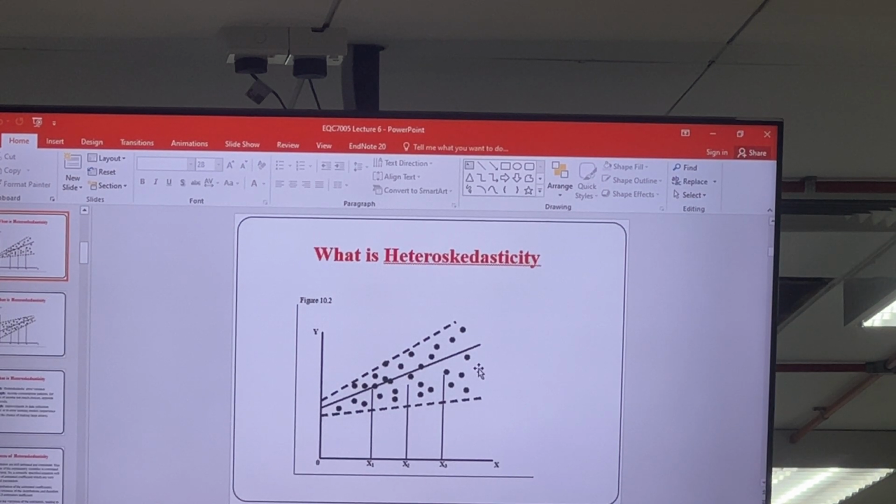So in order to overcome the problem, one possible way is to use the per capita variable. Meaning that you divide by the number of people. So let's say income or total expenditure in Kuala Lumpur, you divide by the number of population, how many people in Kuala Lumpur, so that you get the average expenditure per person.